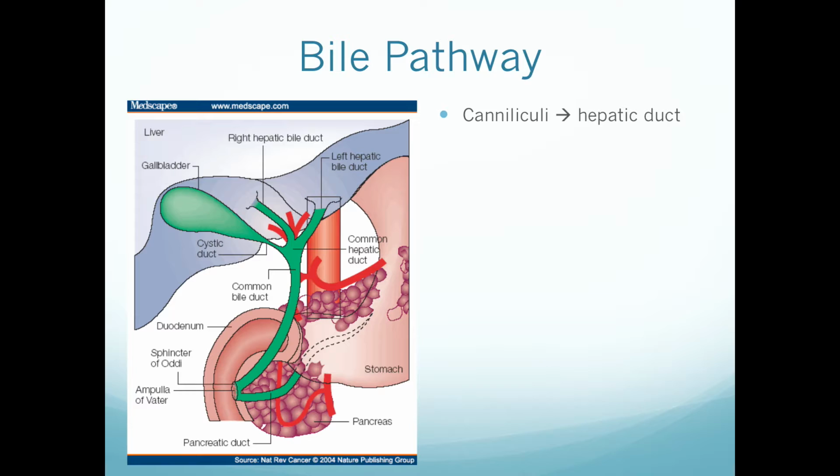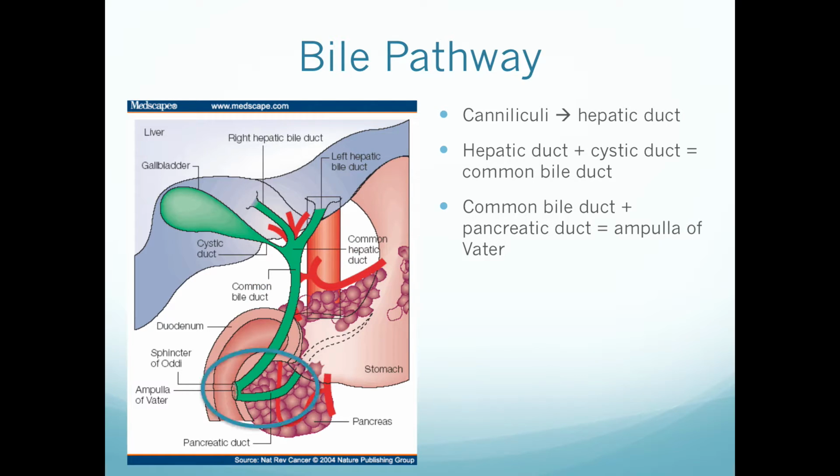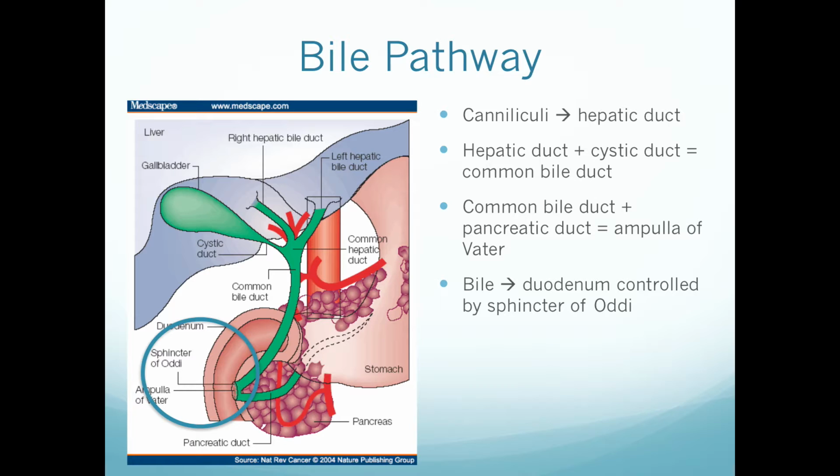So again, the canaliculi go to the hepatic ducts, first right and left, and then the common hepatic duct. So there you see that. And then the hepatic duct and the cystic duct converge to make the common bile duct. The common bile duct and the pancreatic duct will eventually come to form the ampulla of Vater, which is controlled by the sphincter of Oddi. So there you go, sphincter of Oddi.